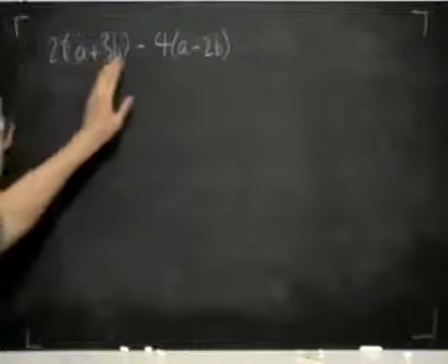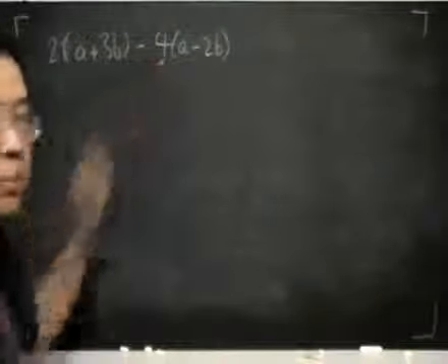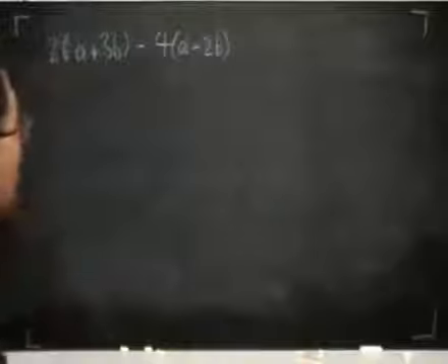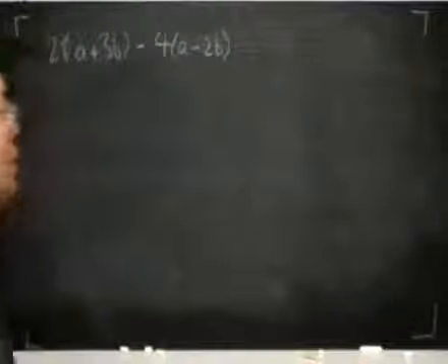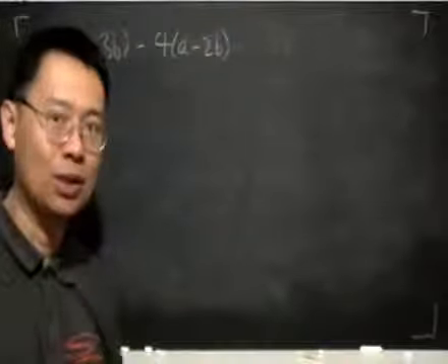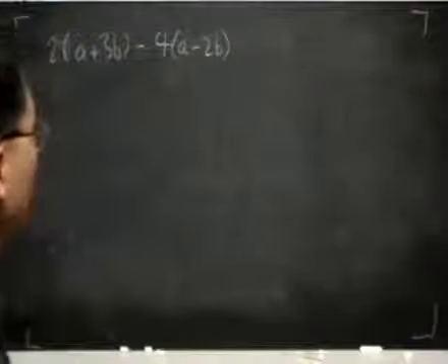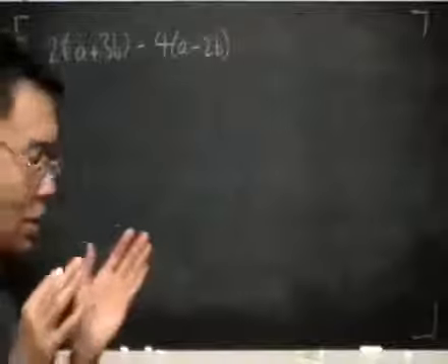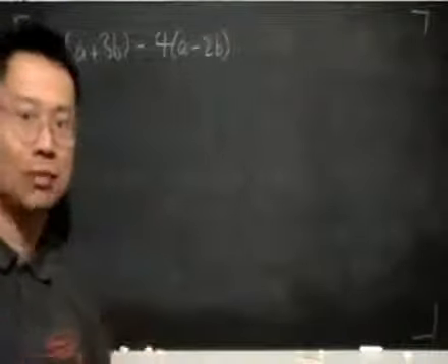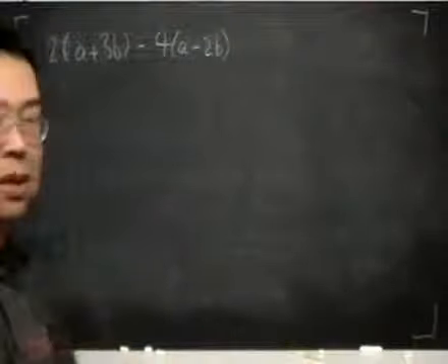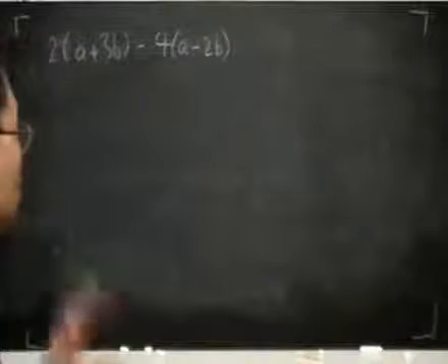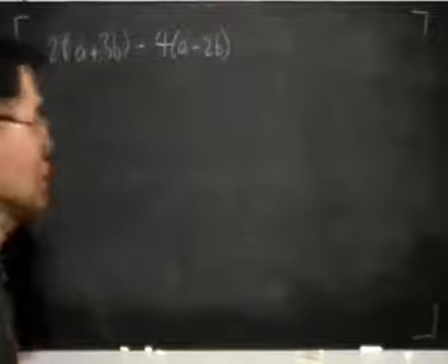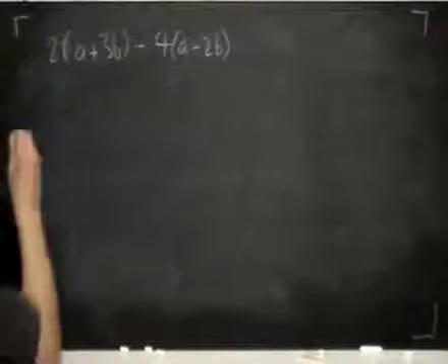It's got brackets inside. It's got numbers outside the brackets. Alright, it's even got minus signs. So these are the kind of problems that we are likely to get in algebra. And we really have to observe all the rules carefully about multiplying by minus signs and about removing the brackets in order to get this right. Let's start.